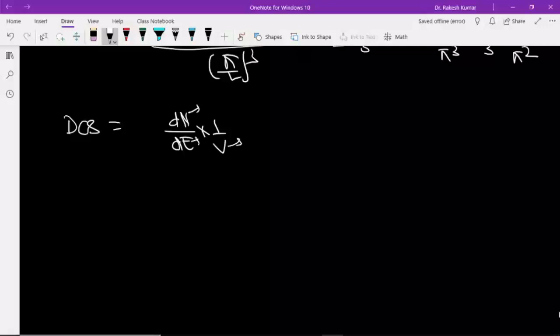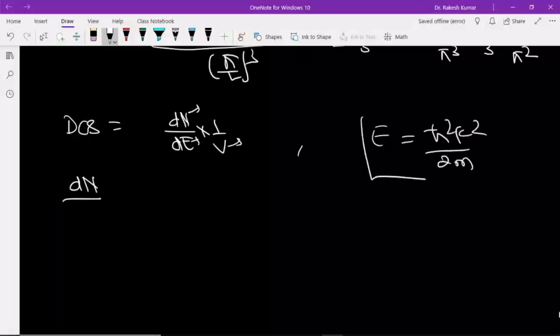So for this we have to divide this n by energy and volume, or we have to differentiate n with respect to energy. So for this we can have dn. So first we know that E equal to h cross square k square by 2m. So we use this relation to prove this one.